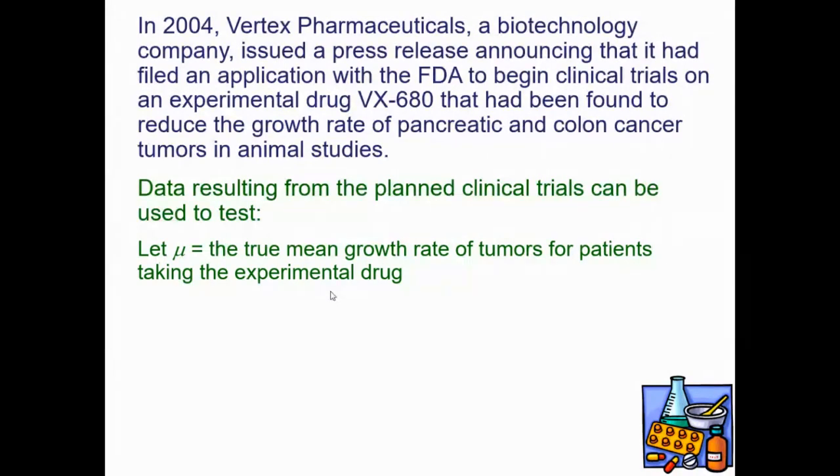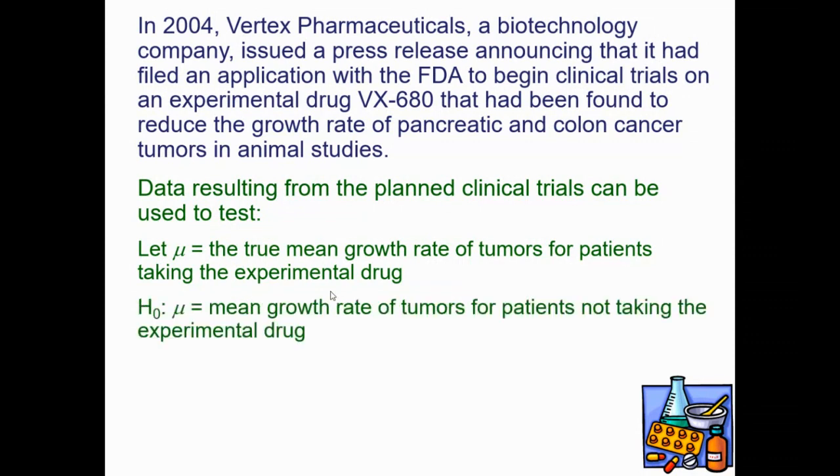Well, first we have to identify what we're testing. Mu is the true mean growth rate of tumors for patients taking the drug. So our null would be that mu is equal to the mean growth of tumors of patients who are not taking it.